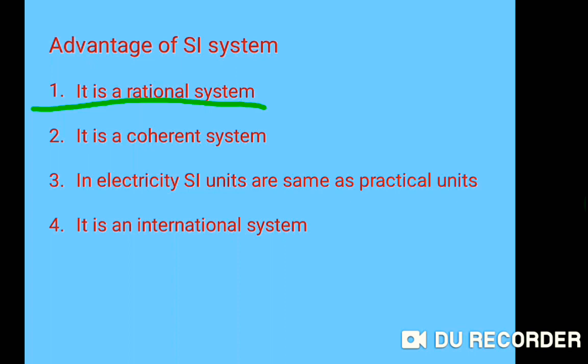Units of temperature in the MKS system are Celsius, Fahrenheit, Kelvin, while in SI system it is only Kelvin. So it is clear what we mean by rational system.